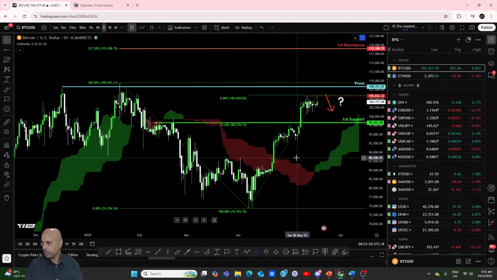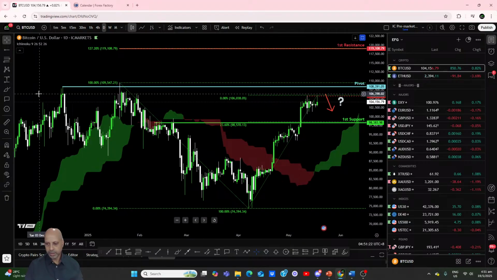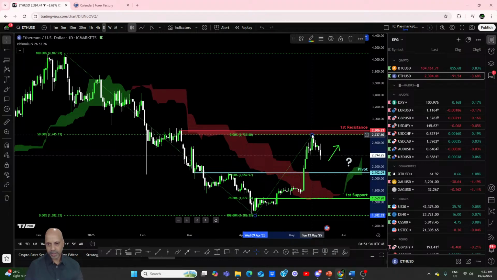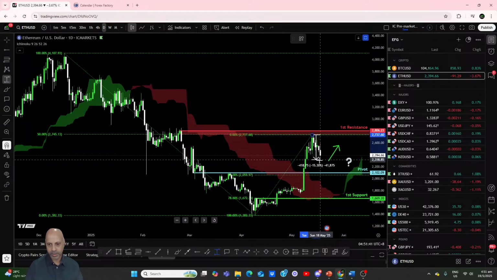Alright, now with that, let's move on over to Ethereum. Ethereum is pulling back much more noticeably than Bitcoin. We can see here after making its recent high at 2,737 last Tuesday and Wednesday, this coin has pulled back quite sharply, much more noticeably than Bitcoin.